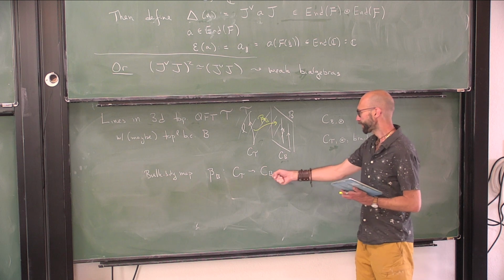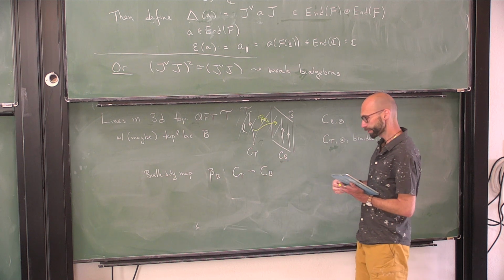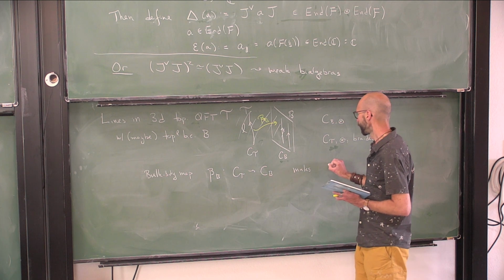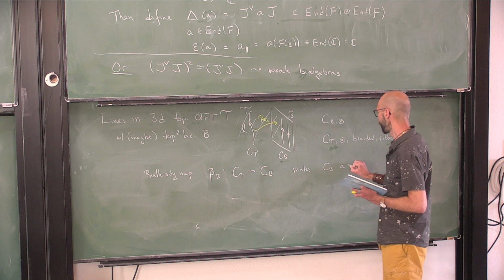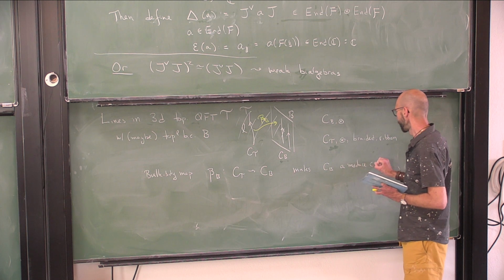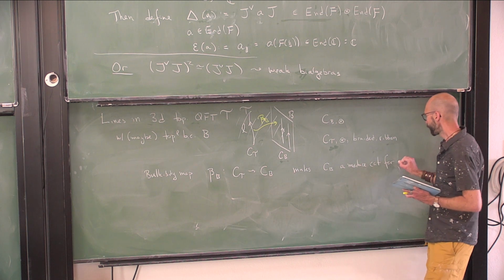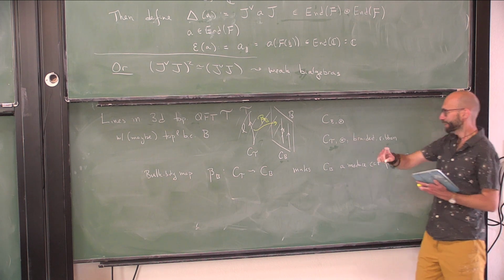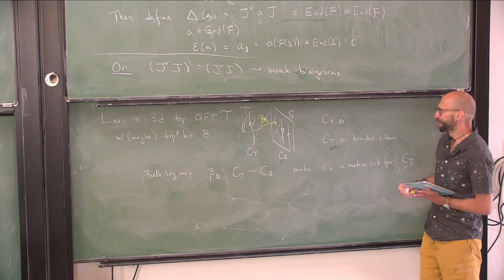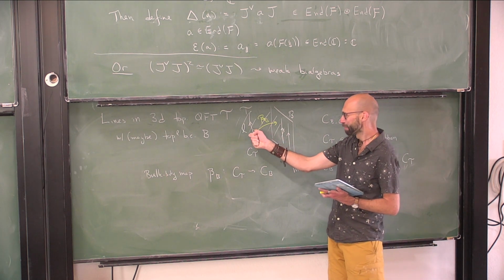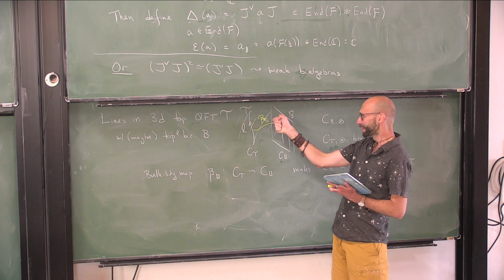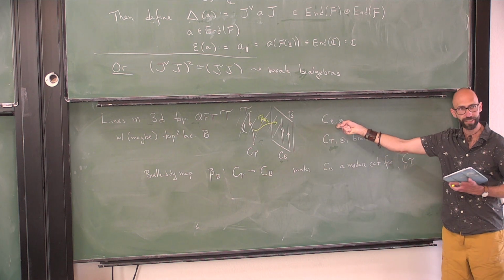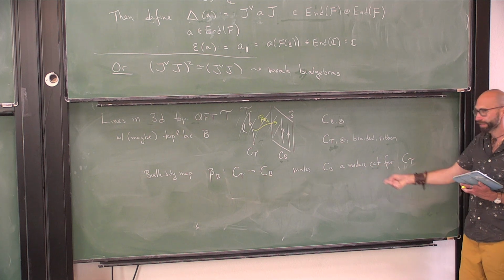That makes CB a module category for bulk lines, because you can collide and then collide. So like collide a bulk line with the boundary and then collide with a boundary line using the boundary tensor product to get your module action.